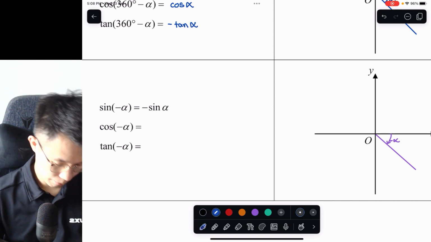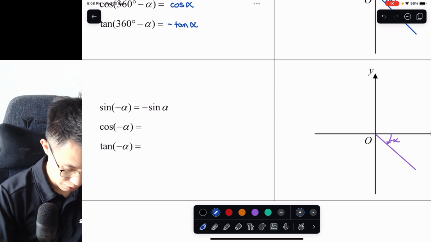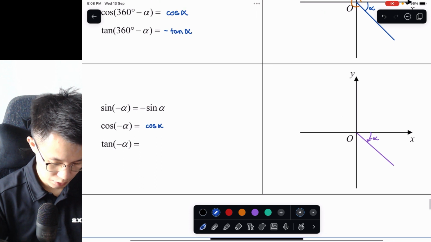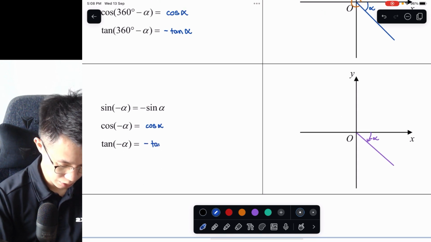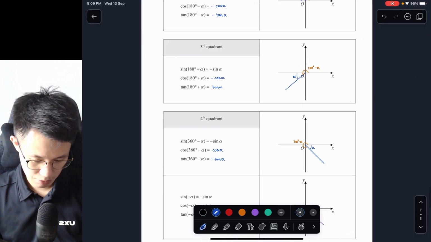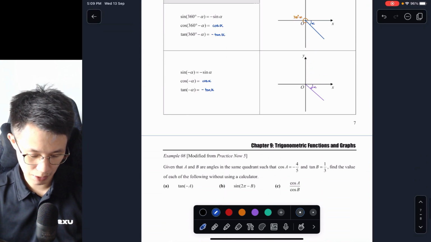In this case, cosine of negative alpha will be a positive value, so it will just be cosine alpha, and tangent of negative alpha will simply be negative tangent alpha. It's all because it lies in the fourth quadrant. So that's the summary for this entire part.